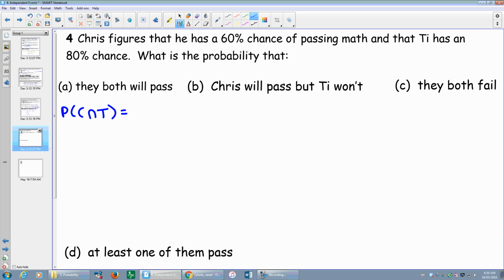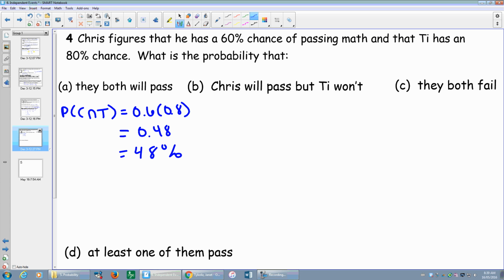Michaela, what do you think you would do for that? I multiply the two probabilities together. They are both independent events. So when I multiply them together, Spencer, what do I get? Good, 0.48, which is like saying 48%.